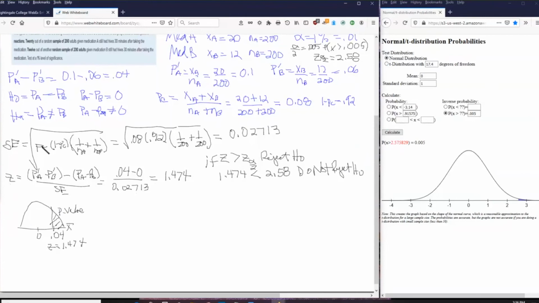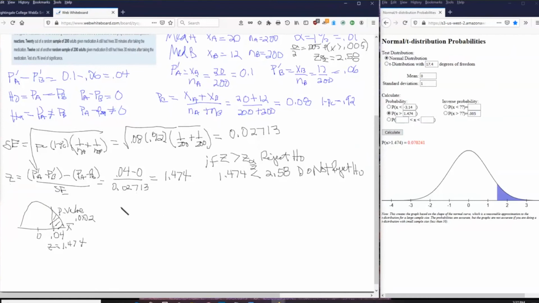So we can use our z-score that we just calculated, with a normal distribution, mean of 0, standard deviation of 1. We're going to look for x greater than 1.474, and that is going to give me a p-value of 0.0702.